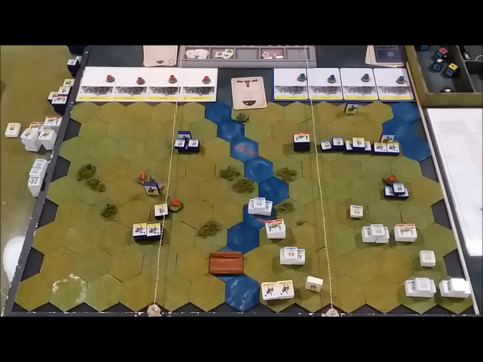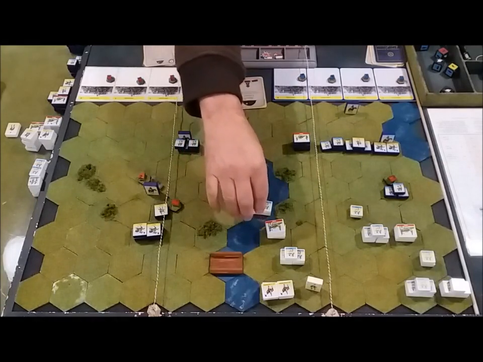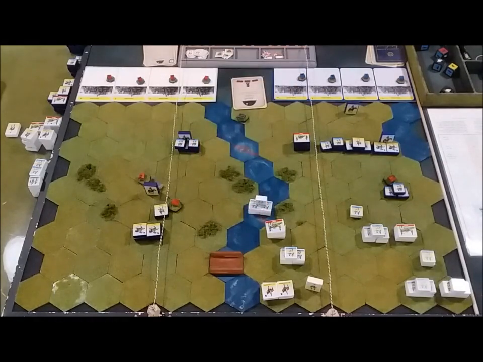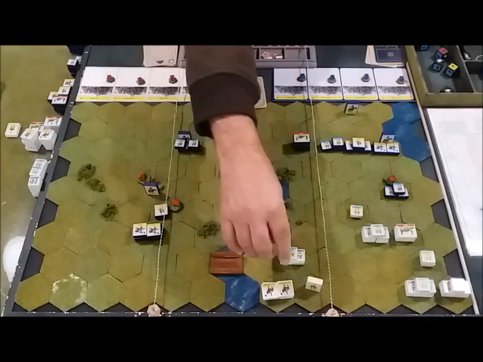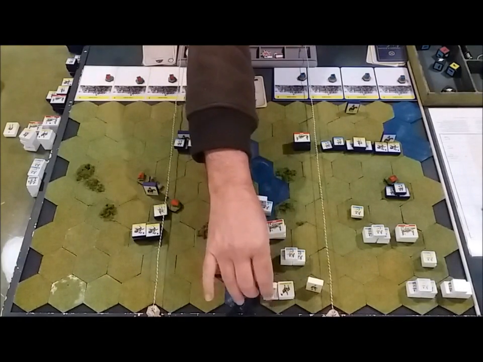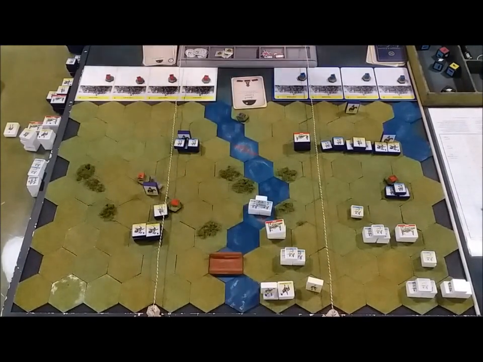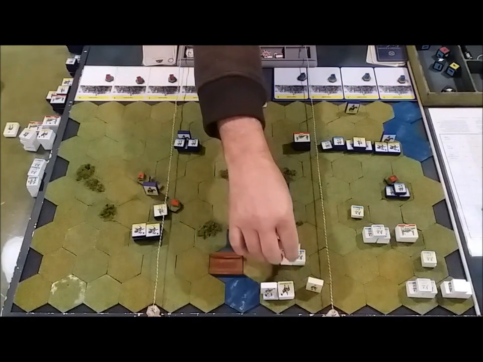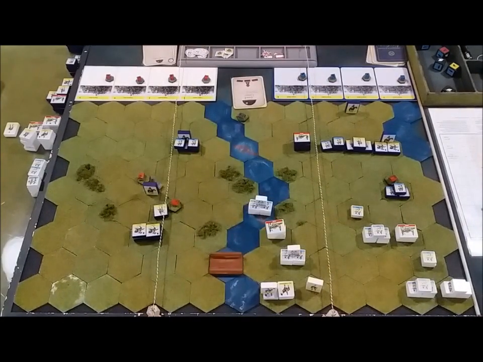Right. So this unit is going to move. We'll bring up our heavy cuirassiers, and we'll bring up our other line unit.